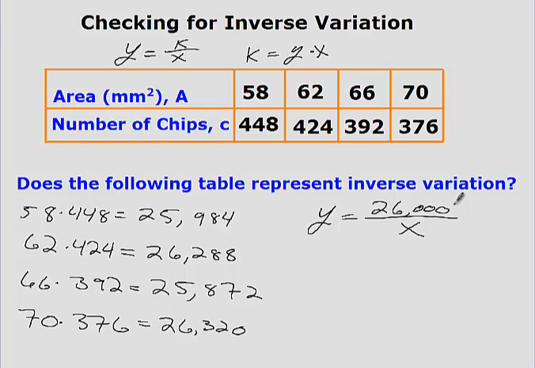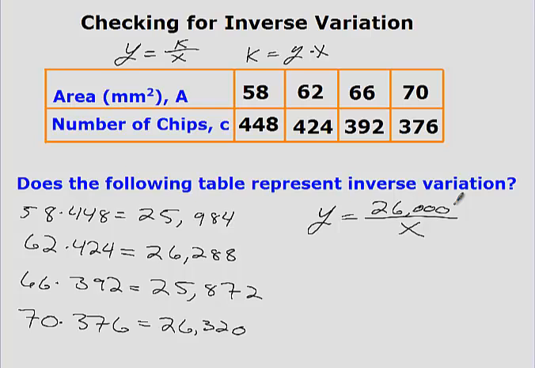Because if it's direct variation, like on the sheet I gave you, then you take the y and divide it by x, and you should get the same k every step. So they should tell you which format they're looking for, whether it's direct or inverse. And you do not have to worry about pulling this with a joint variation because it's too complex. Okay, everybody good with that?